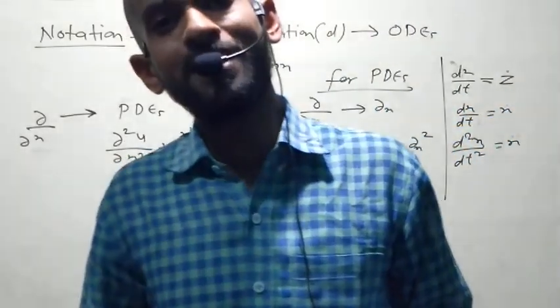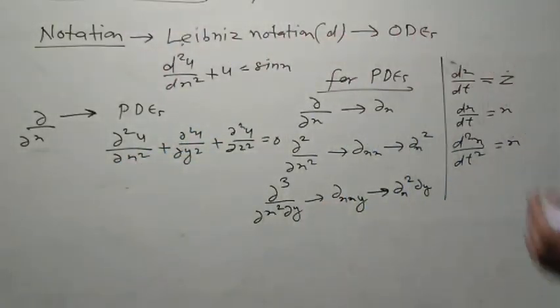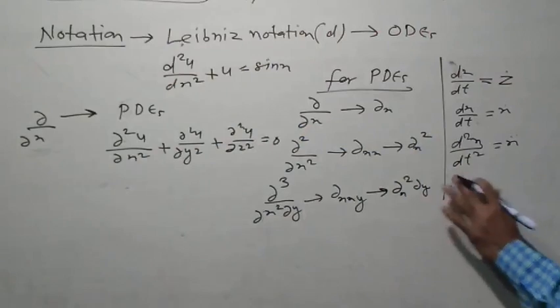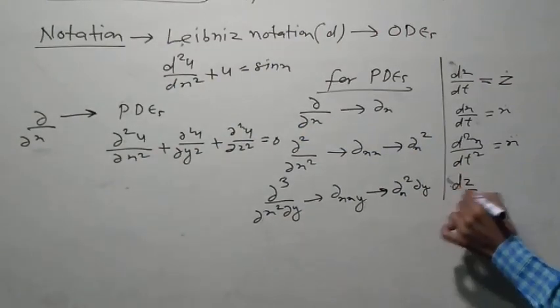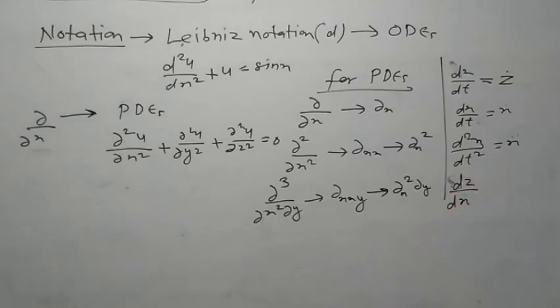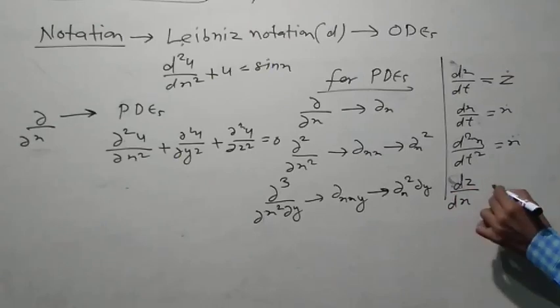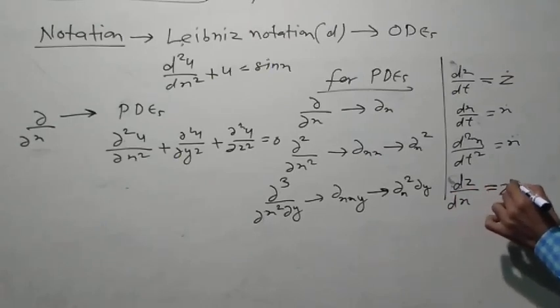If we differentiate a function with respect to position, let us consider dz by dx, the differentiation of z with respect to x, then this is written as z prime.